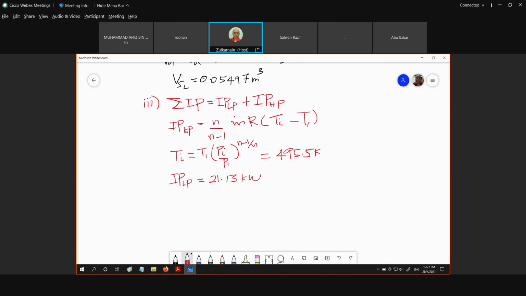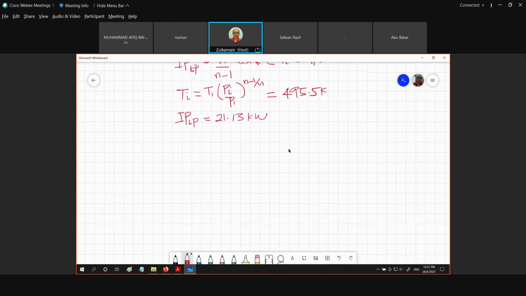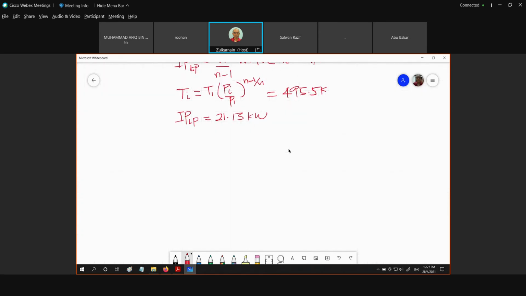Okay. Next is the IP for HP. Again, the same formula. IP HP is equal to N over N minus 1, m dot R, T minus T. Which T minus which T?